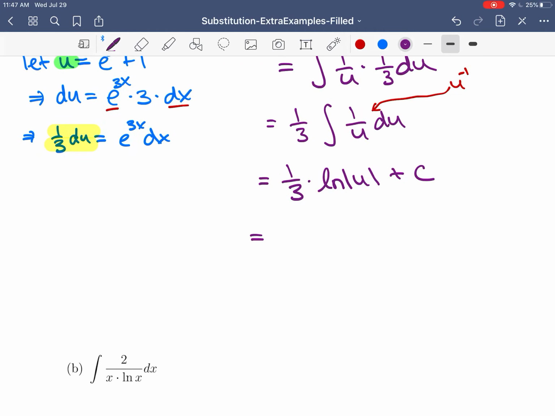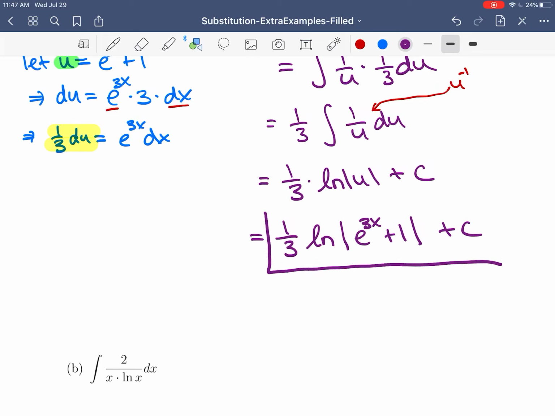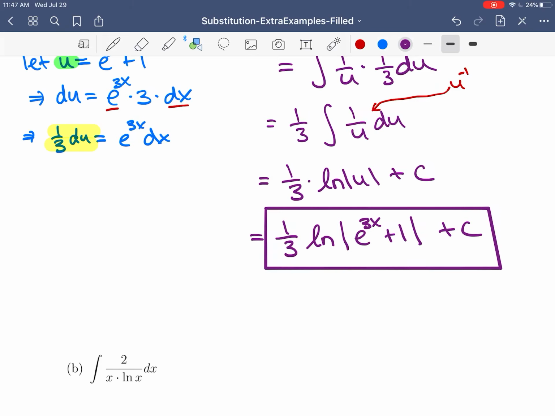Now when I plug my x's back in, I have 1/3 ln of the absolute value of e to the 3x plus 1, plus c. I don't actually need the absolute values here because e to the 3x plus 1 is always a positive number, but we can keep them. Doesn't hurt. So this would be my answer here.